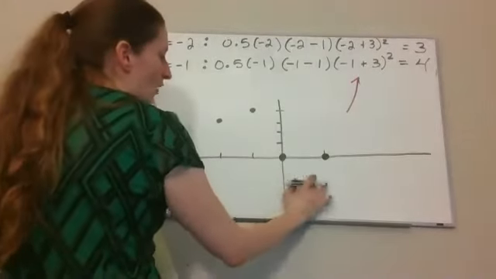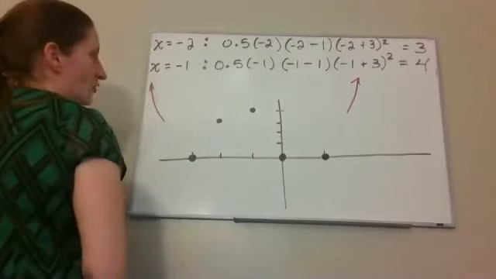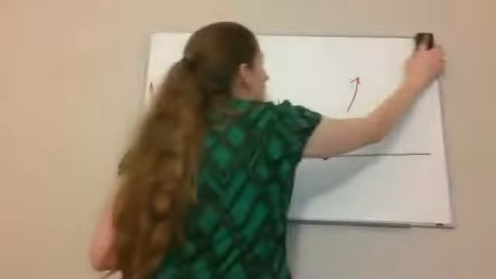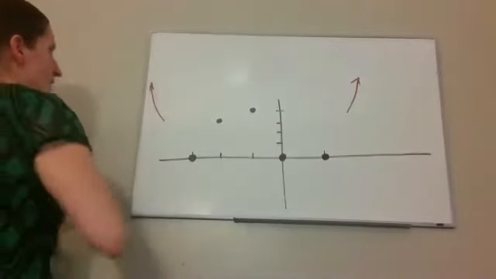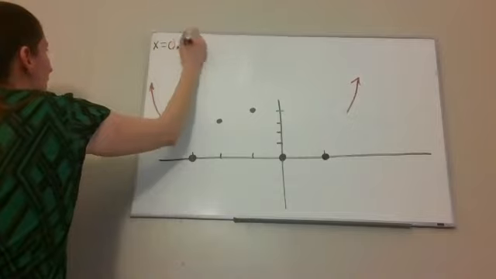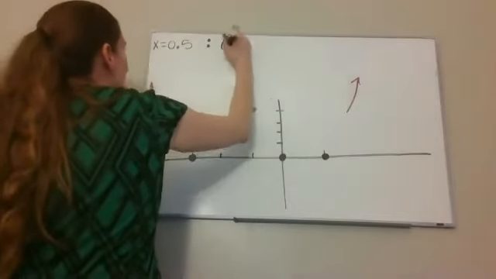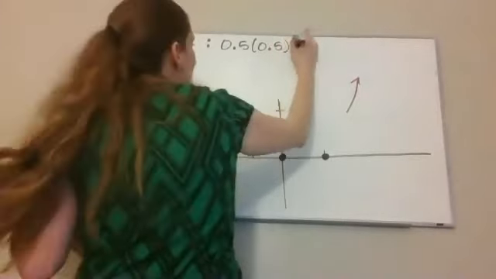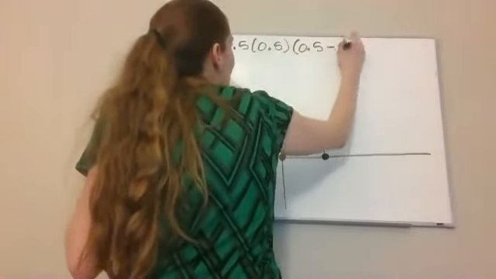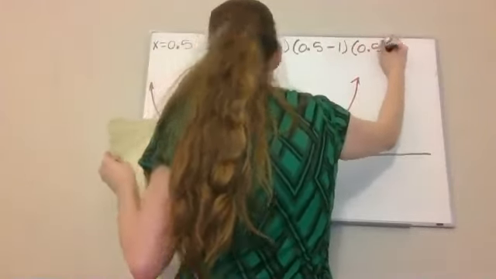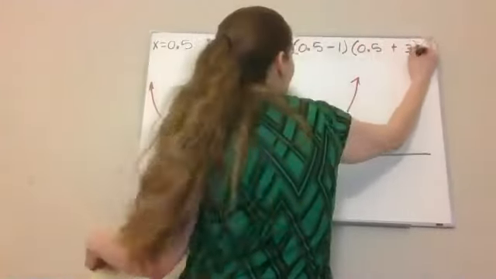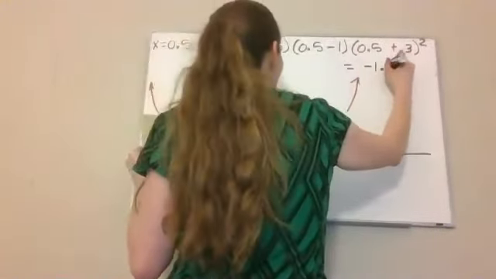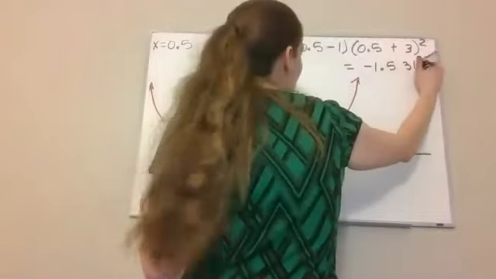And then let's just get one value over on this side. We'll do x equals 0.5. When x is 0.5, my function is 0.5 times 0.5 times (0.5 minus 1) times (0.5 plus 3) squared, and that is equal to negative 1.53125.